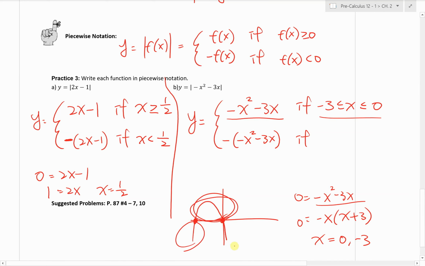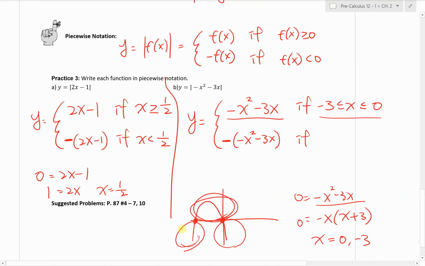However, these two portions are negative. So what we need to do is flip it by reflecting over the x-axis. And that's why we have this negative sign. Remember, the negative sign in front of the function tells us that there's a reflection. So what would be the domain for these two portions?